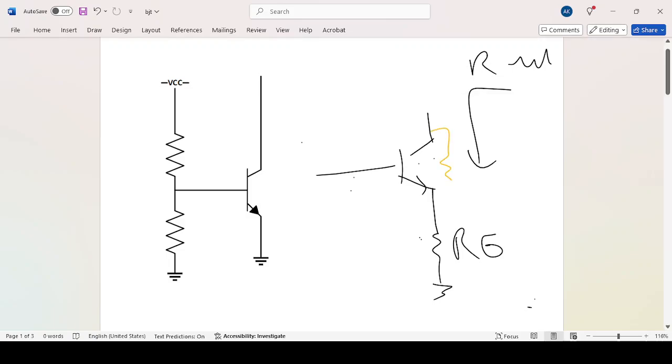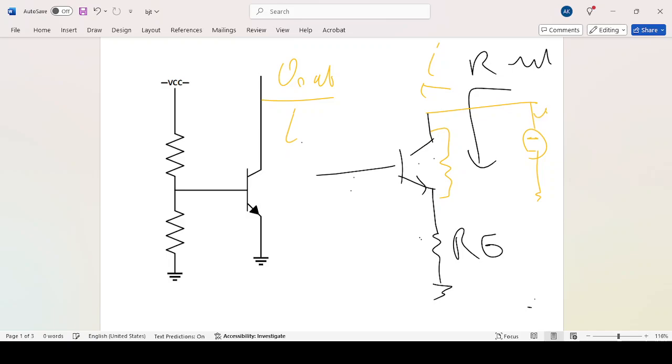So I add RO here, and when you are going to measure the R out, you add the voltage source here, and you measure V out over I.